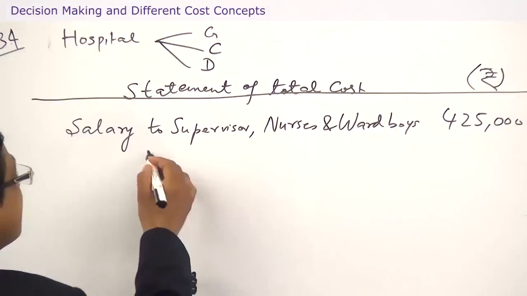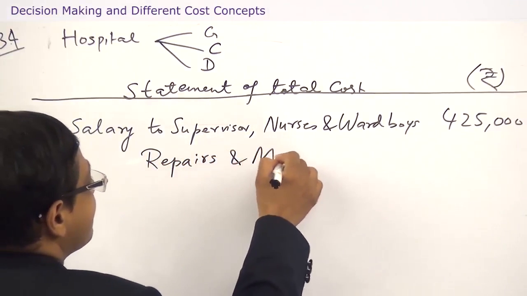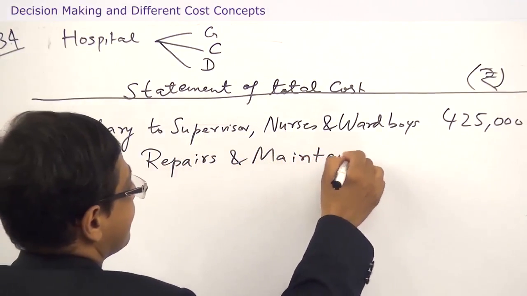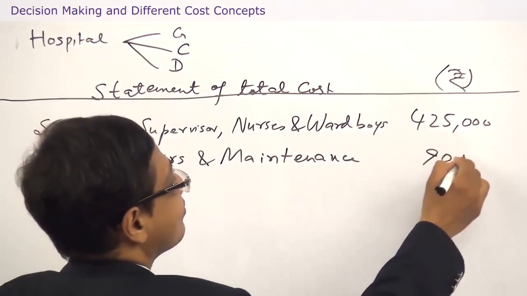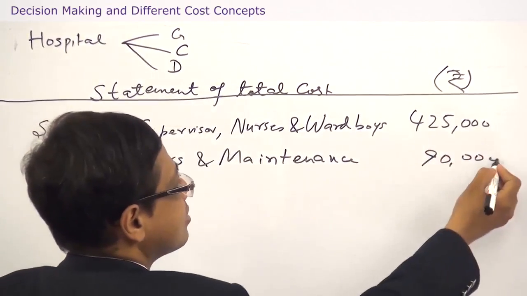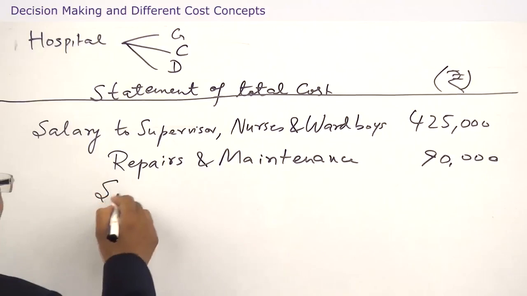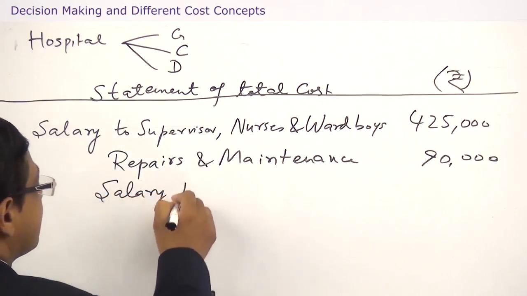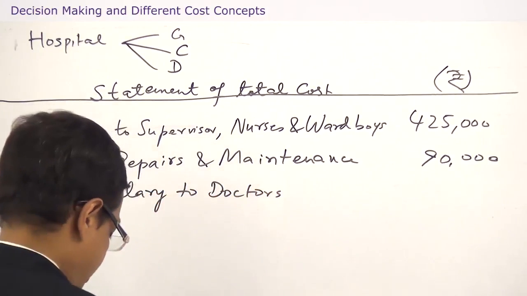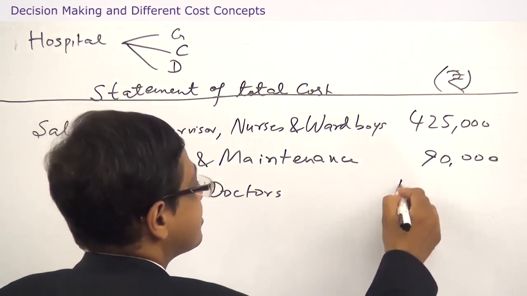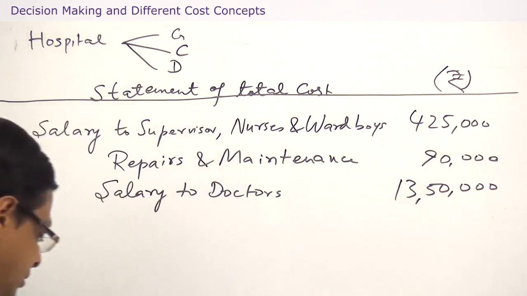You have to bear the cost of repairs and maintenance. It is provided at 90,000 rupees. Salary to doctors is also given, which, as per the question, is 13,50,000 for the total year.